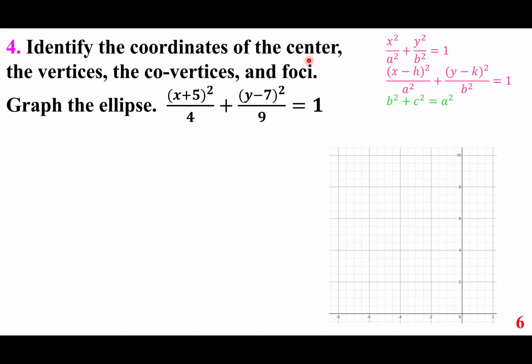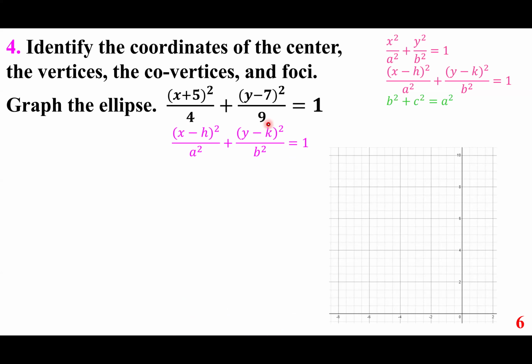Identify the coordinates of the center, the vertices, co-vertices, and foci. Graph the ellipse. Okay. Obviously, it's in this format. And the center is located at (-5, 7), according to this format. A is the square root of 4 or 2, B is the square root of 9 or 3.